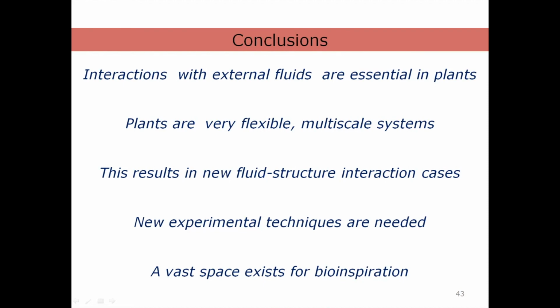And there is a very vast space for bioinspiration. Why is that? Because plants are very robust and simple systems, much simpler than animal systems. They certainly have developed across time a very good set of robust strategies to reduce stress, for instance, as I was mentioning in the case of drag reduction.